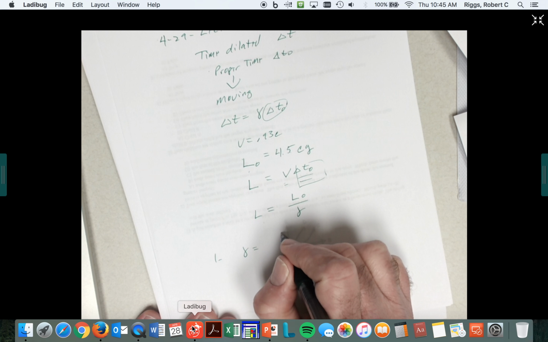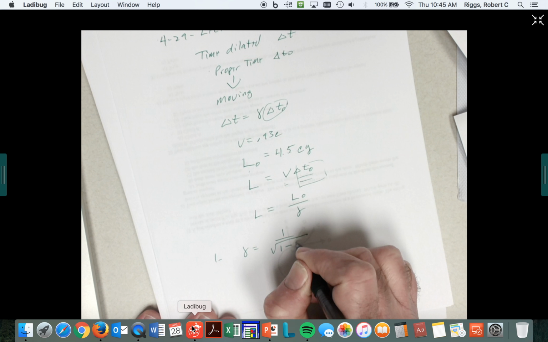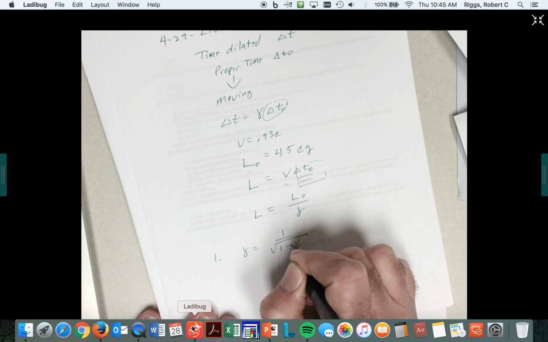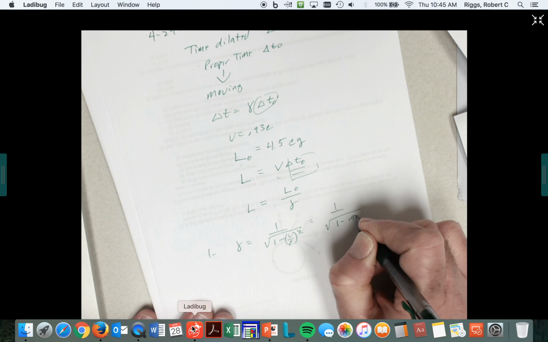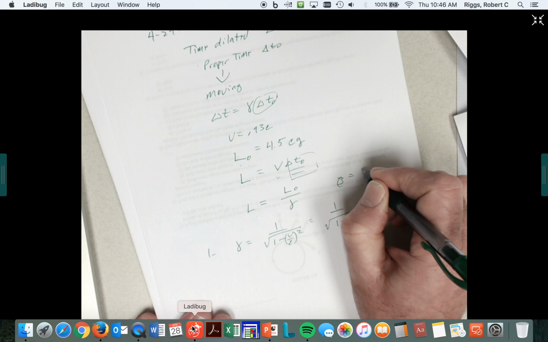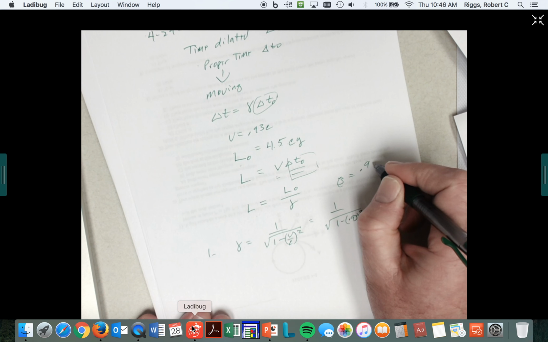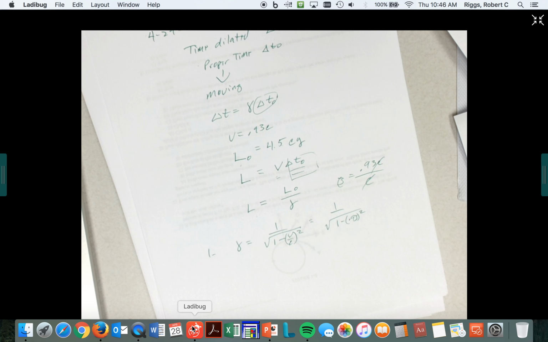The gamma function is 1 over the square root of 1 minus v over c squared, so we get 1 divided by the square root of 1 minus 0.93 squared, because beta, v over c, is 0.93.